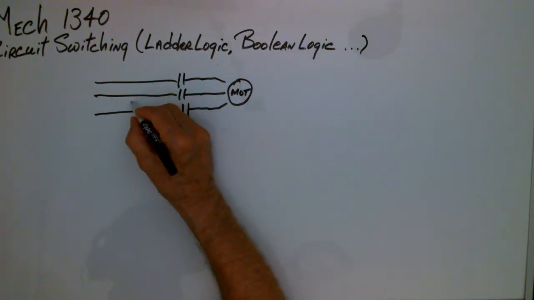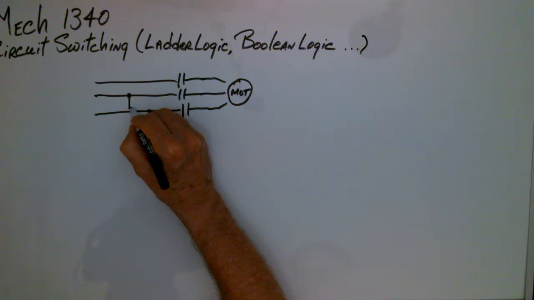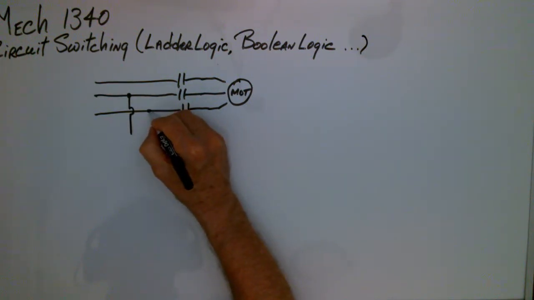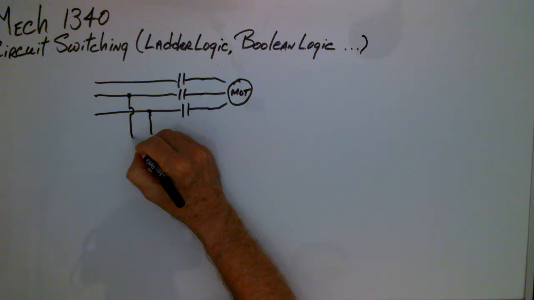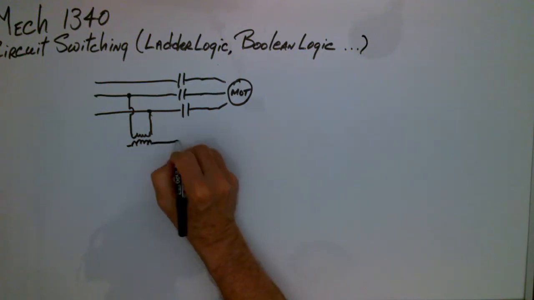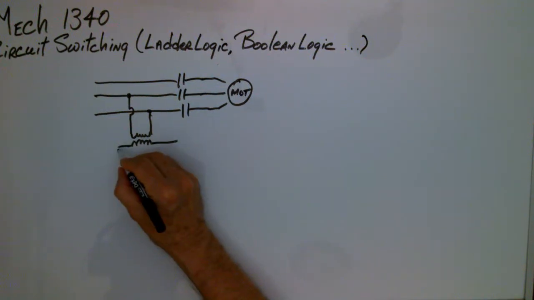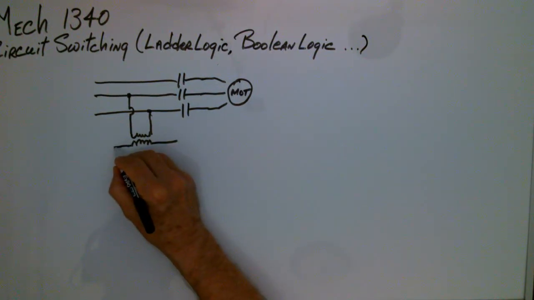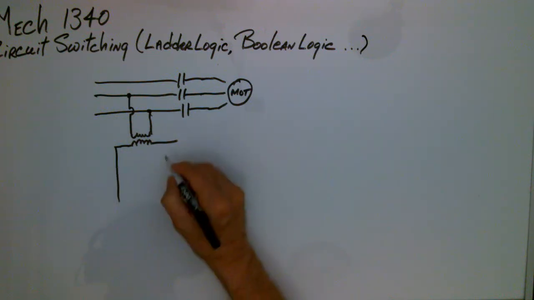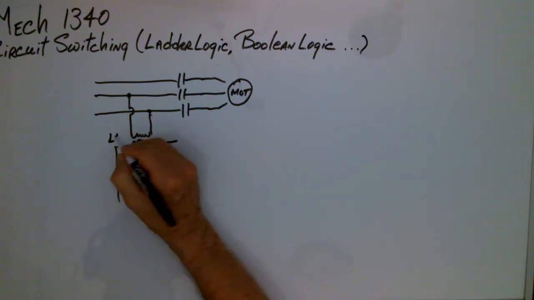So you're probably familiar with this. We tap two lines. We go to the primary of a control transformer. We take off from the secondary of that control transformer. And normally we'll have what we call line one, okay?